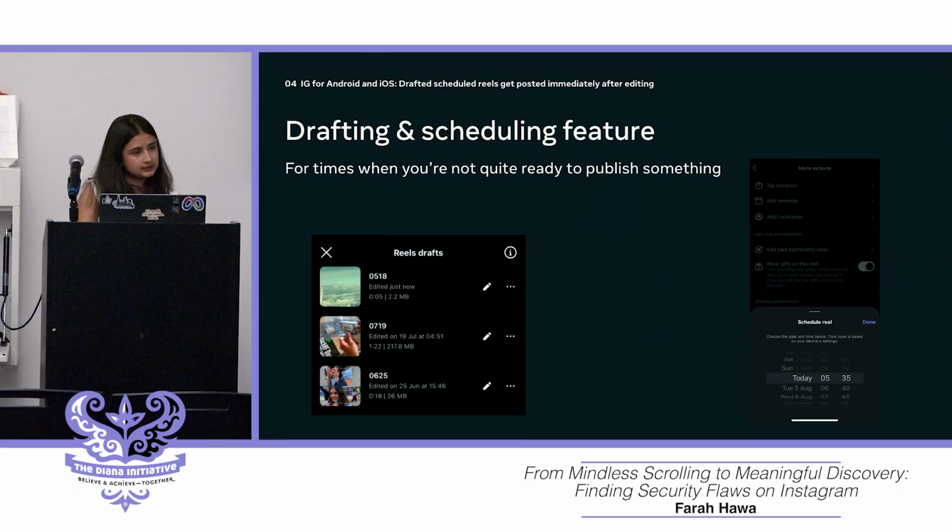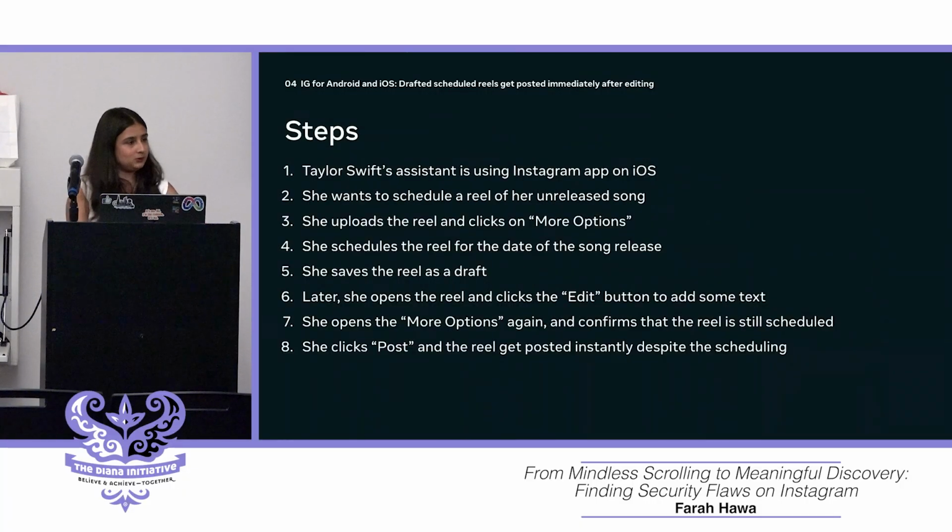Now I'll give you an attack scenario of how this bug worked so you'll understand. Imagine Taylor Swift's assistant is using Instagram app on iOS. She wants to schedule a reel for Taylor Swift's unreleased song. She uploads the reel, she clicks on more options, she schedules the reel for the date when the song is going to be released.